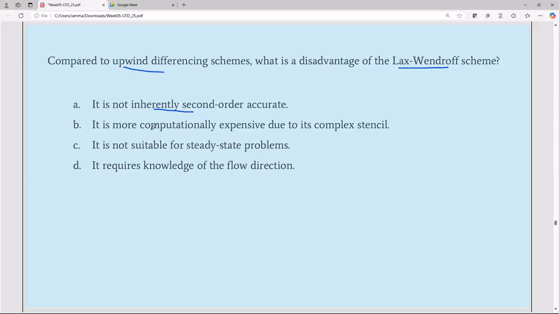Option B, it is more computationally expensive due to its complex stencil. Option C, it is not suitable for steady state problems. Option D, it requires knowledge of the flow direction. So which among the following is the disadvantage of Lax-Wendroff scheme compared to upwind differencing schemes?